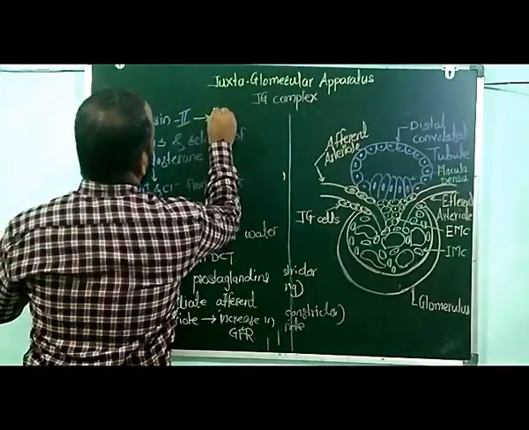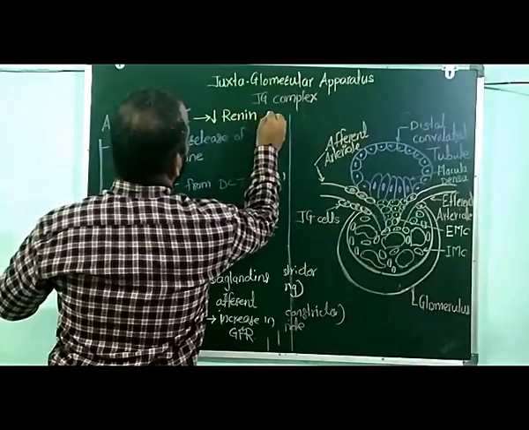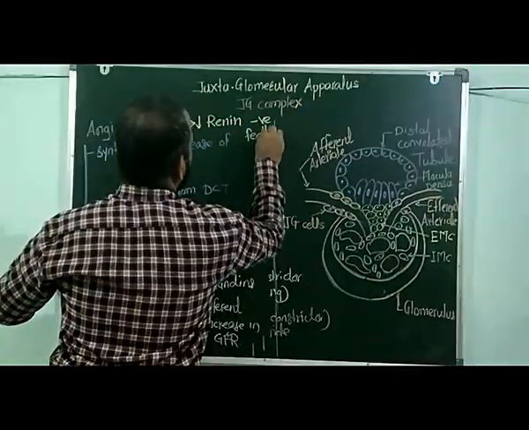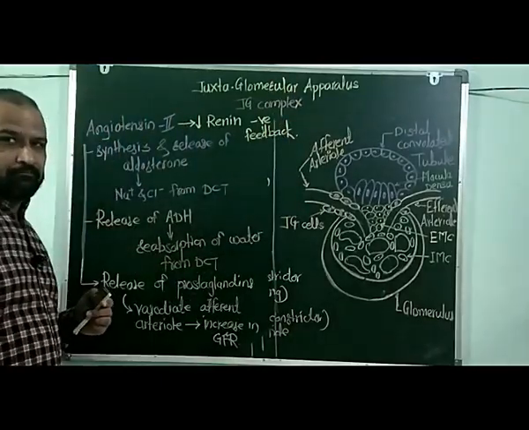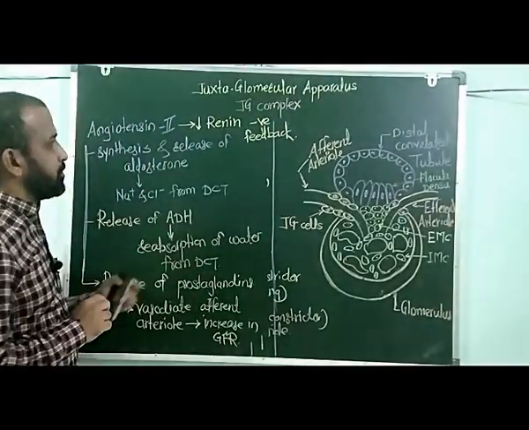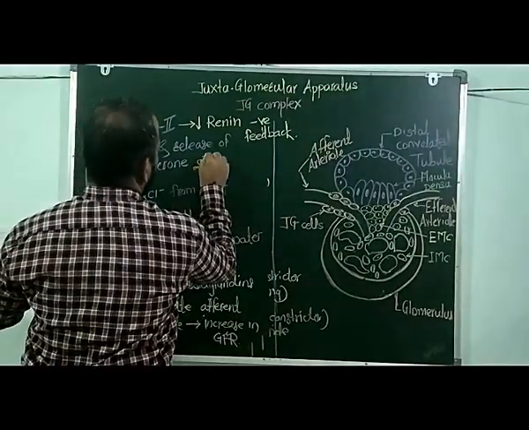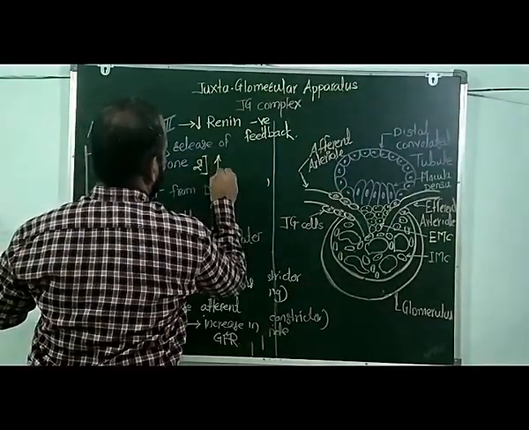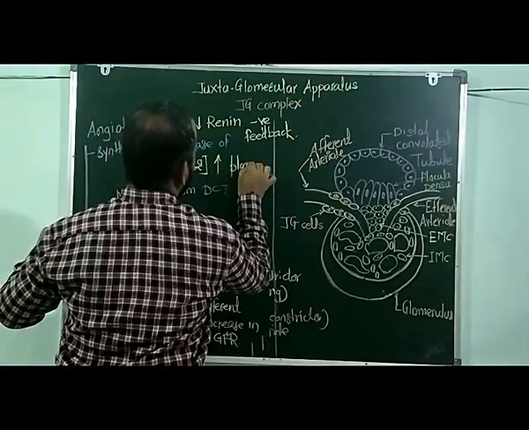Angiotensin-II also inhibits the renin, resulting in negative feedback. This is the first function of the macula densa, and the second important function of the macula densa is that it increases the blood pressure.